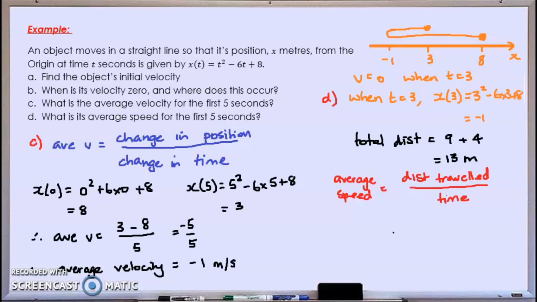And in this case, that equals 13 over 5 meters per second. Notice how speed doesn't have a direction to it, whereas velocity does. And that is always the case. So speed is just a modulus function. You can notice I've got those 2 lines there, whereas velocity has a direction attached to it.